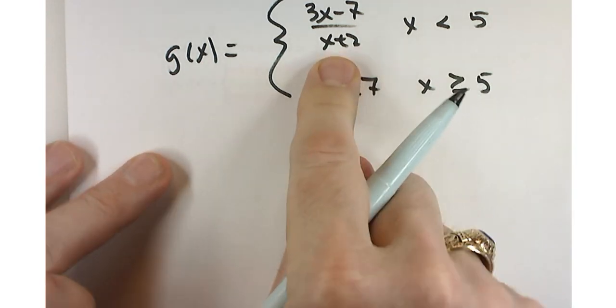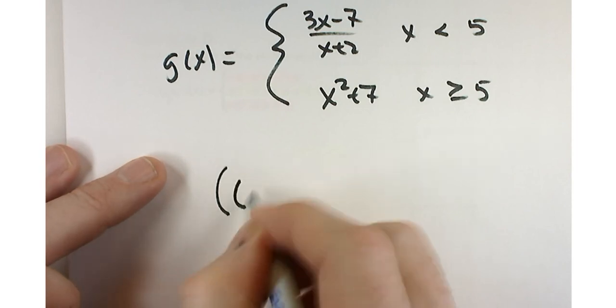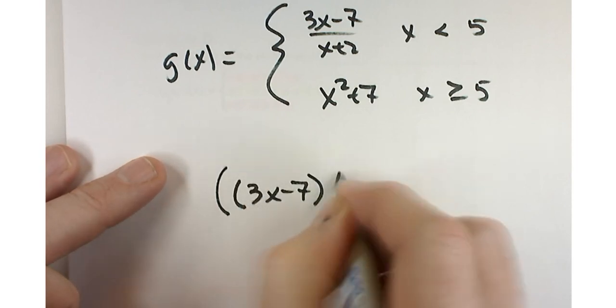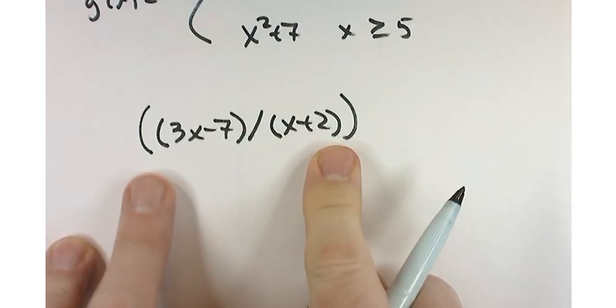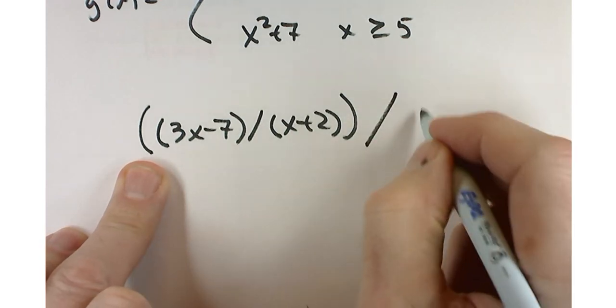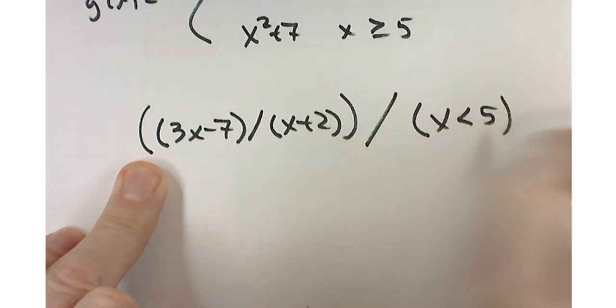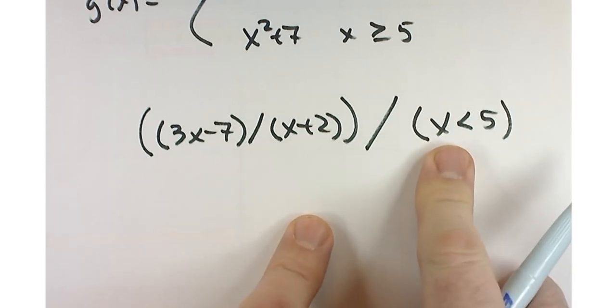If you had a fraction as part of your function, you'd write it like this: parentheses 3x minus 7 divided by x plus 2, so you've got 2 sets of parentheses all around your function, and then you divide it by parenthesis x less than 5. That way you've got your function divided by the condition.